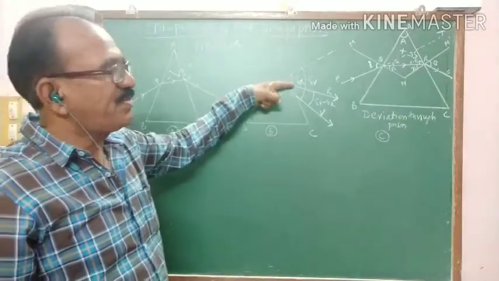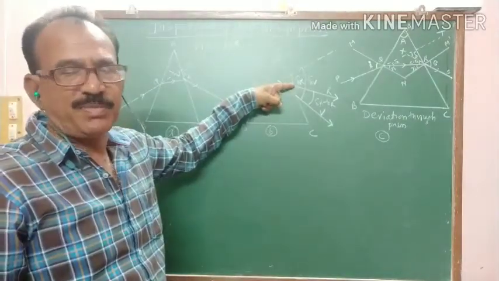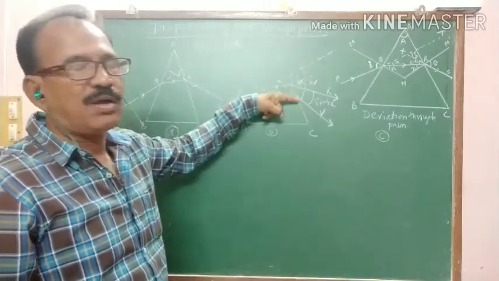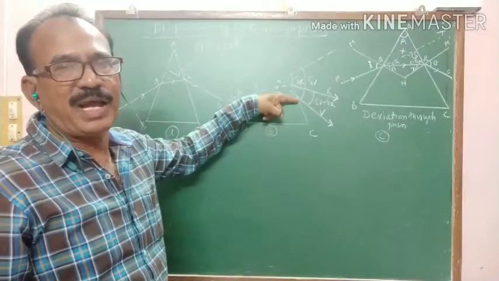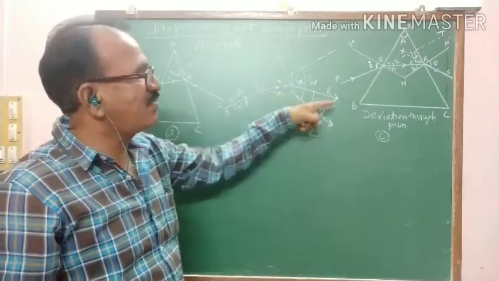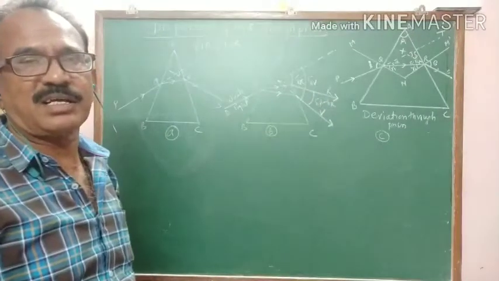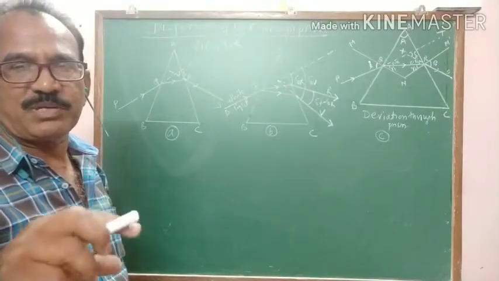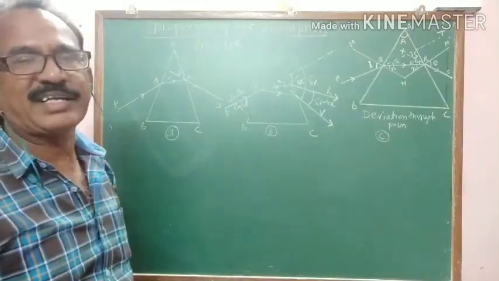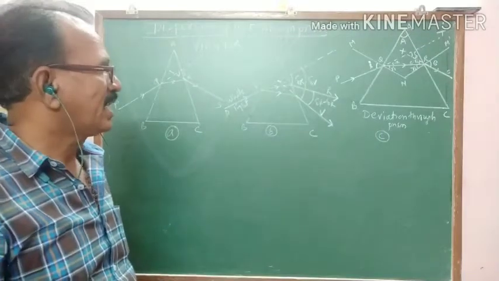The angle of deviation for red color is minimum. The angle of deviation made by the violet color is maximum, and delta V minus delta R is nothing but the angle of deviation between the violet and red color.